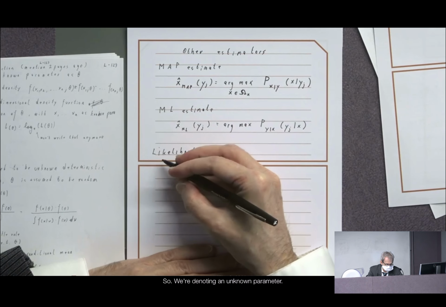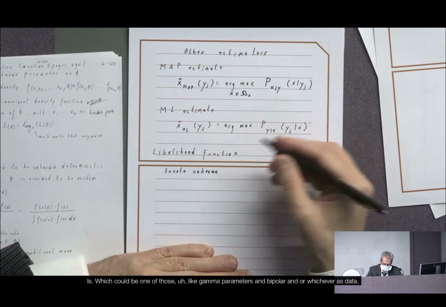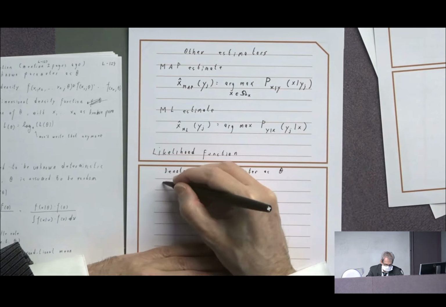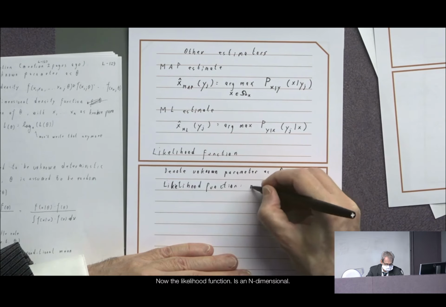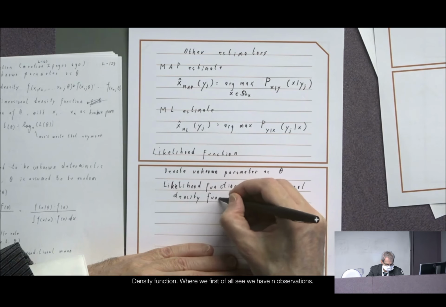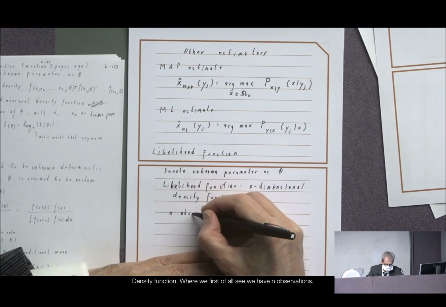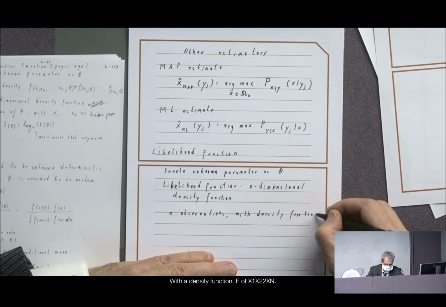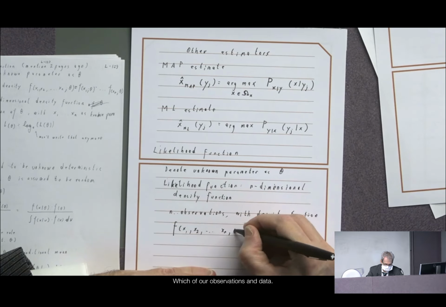So we're denoting an unknown parameter, which could be one of those like gamma parameters in Weibull or whichever, as theta. Now the likelihood function is an n-dimensional density function where we first of all saying we have n observations with a density function f of x1, x2 to xn, which are our observations, and theta.